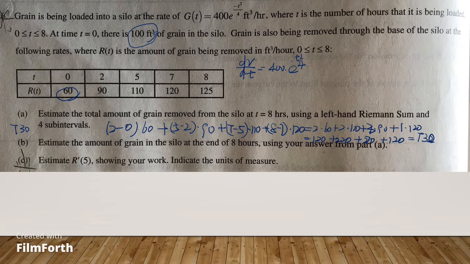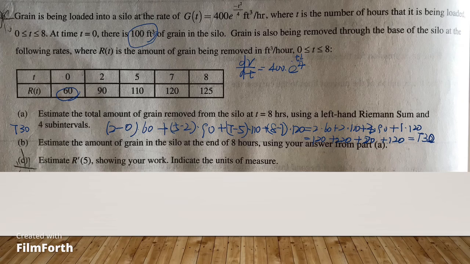Okay, question B. Estimate the amount of grain in the silo at the end of 8 hours using the answer from part A. To estimate the total amount of grain, we need to use the original amount of grain, which is 100 feet squared, plus the grain being loaded and minus the grain being removed.